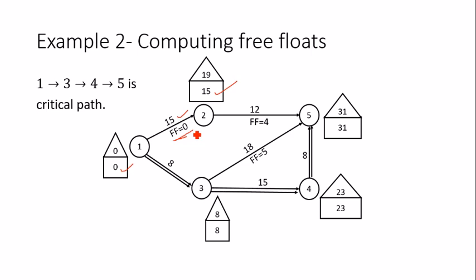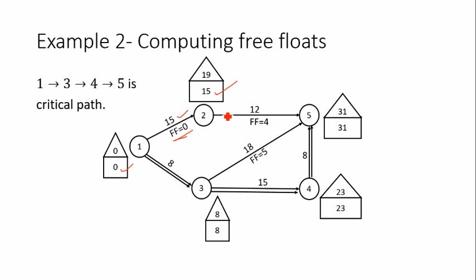I may remind you here that I told you that for critical activities free floats are 0. But here for a non-critical activity also the free float can come 0. So there is no problem with that. There should not be any confusion that the free float should always come out to be non-zero. There is nothing like that. For a non-critical activity also the free float can be 0.